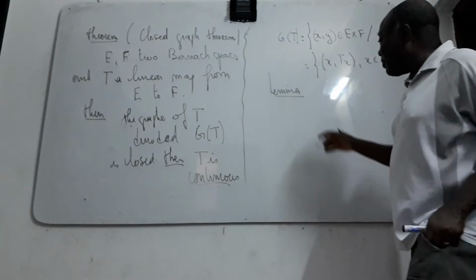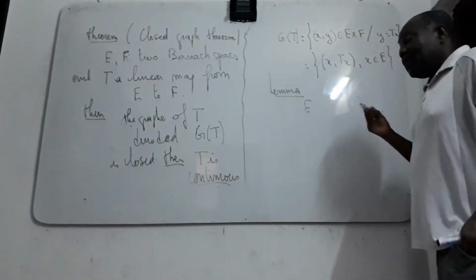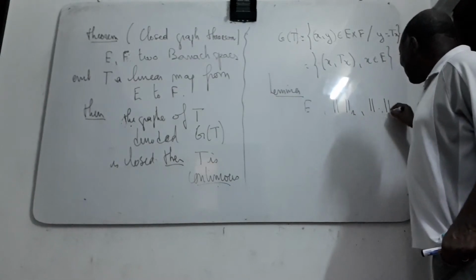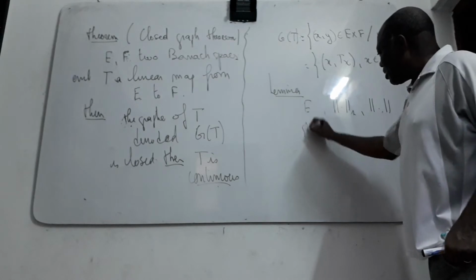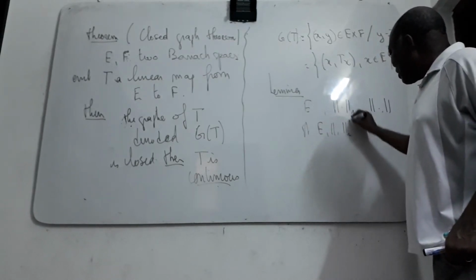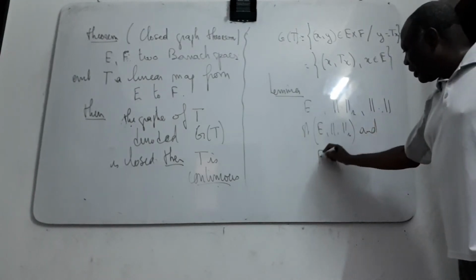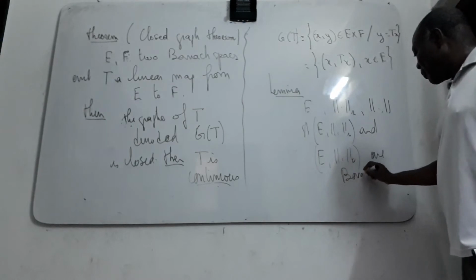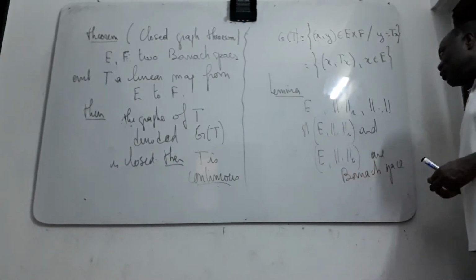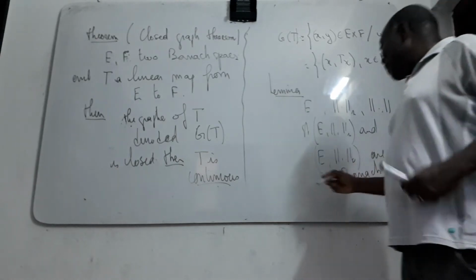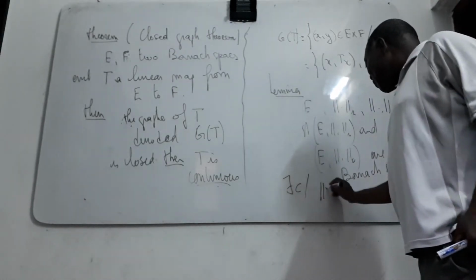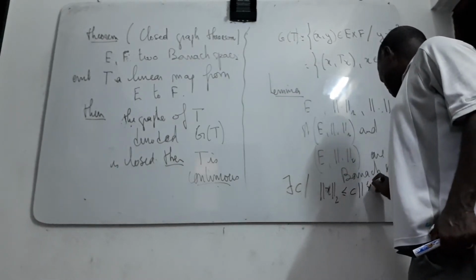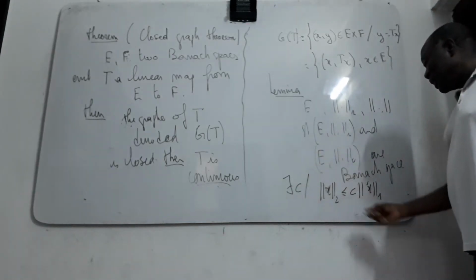For the proof, you need the fact that when you have E, a normed vector space with two norms, norm 1 and norm 2, such that E with the first norm and E with the second norm are both Banach spaces, and if there exists a C such that norm 2 is less than C times norm 1, then necessarily the two norms are equivalent.